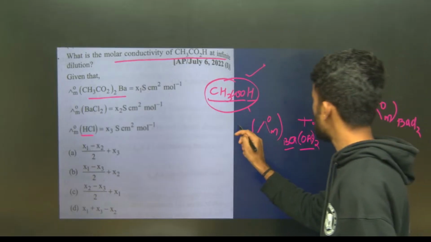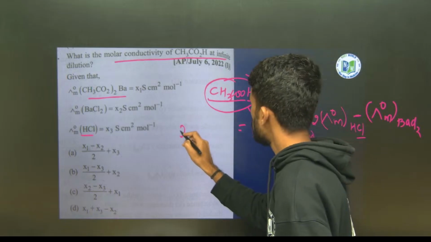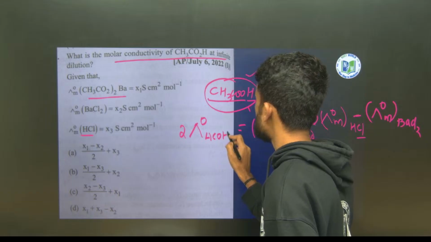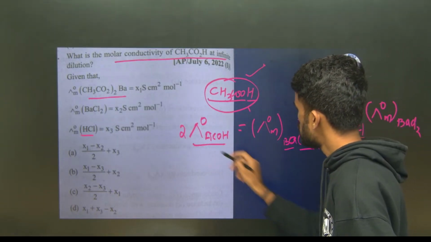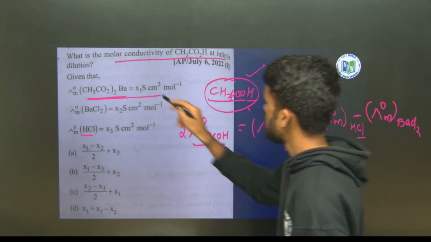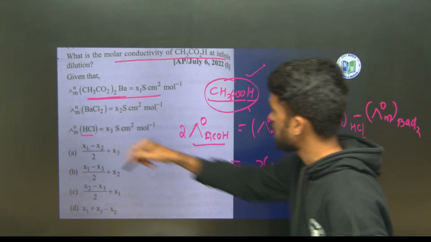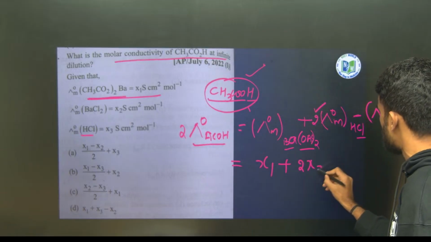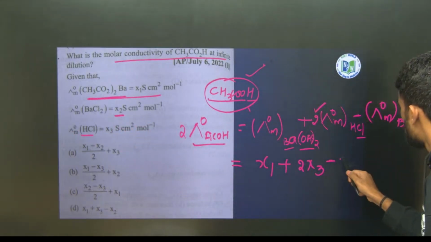How many acetate ions are we getting here? 2, and here also 2. So you are getting 2 times Λ0 of AcOH. AcOH means acetic acid. Now this is what you want here. The value for Ba(OAc)2 is given as x1, so take it as x1, plus for HCl they mention it as x3, so 2x3, because it is 2 times, minus for BaCl2 it is x2, so minus x2.